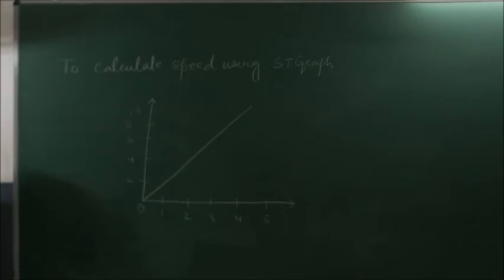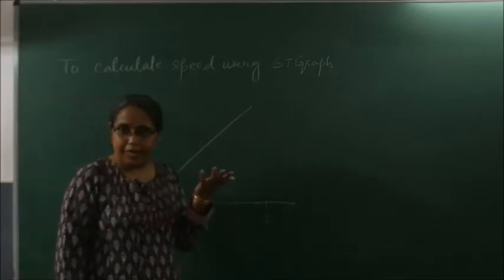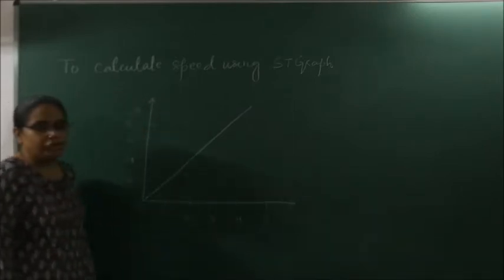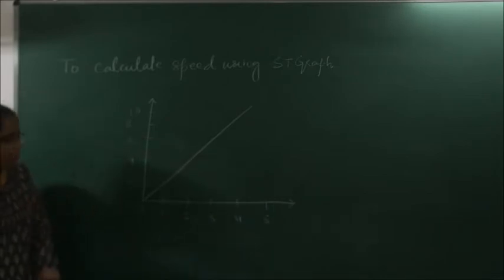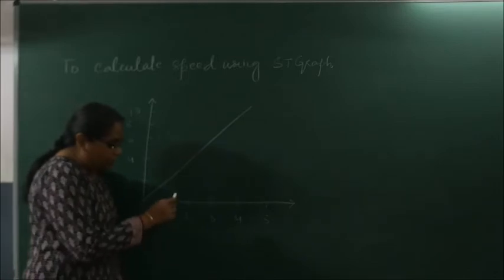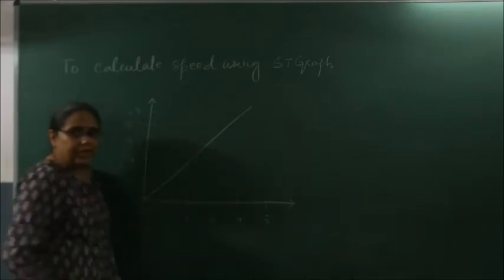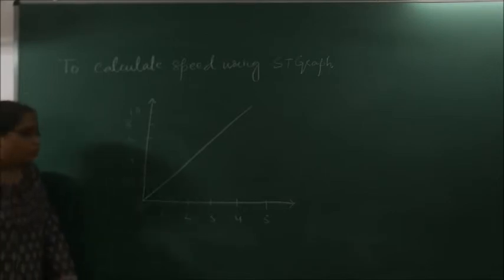Now let us suppose I need to find out the speed. To calculate speed, the first thing is I should know from which time interval to which time interval. Let us suppose I say calculate the speed between 2 seconds and 5 seconds. So what will I do?